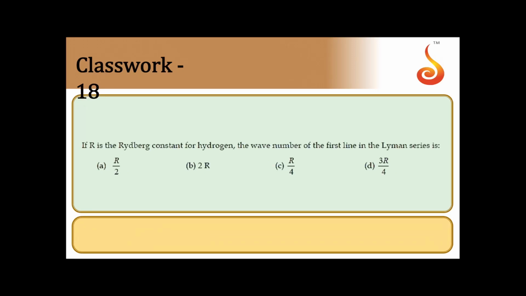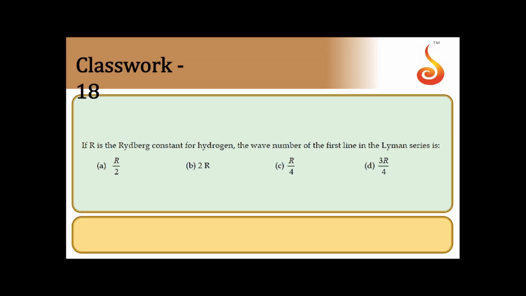If R is Rydberg constant for hydrogen, the wave number of the first line in the Lyman series is. So, wave number they are asking. Okay, so wave number is given by 1 by lambda is equal to R into 1 by n1 square minus 1 by n2 square.